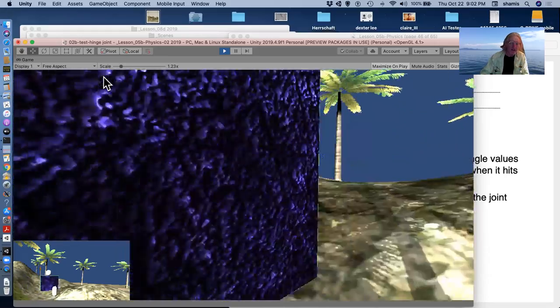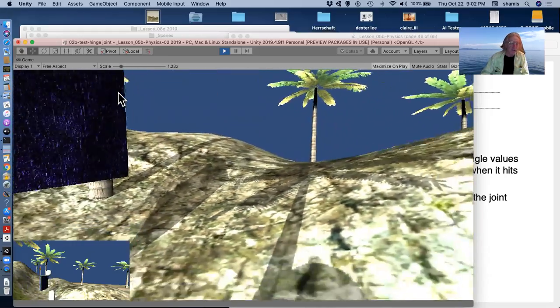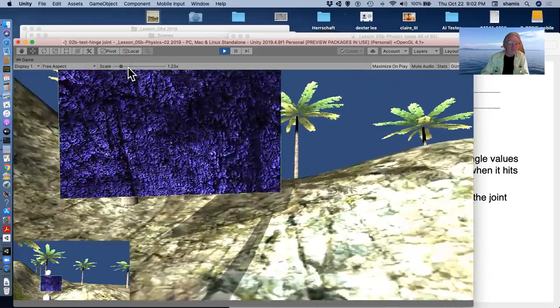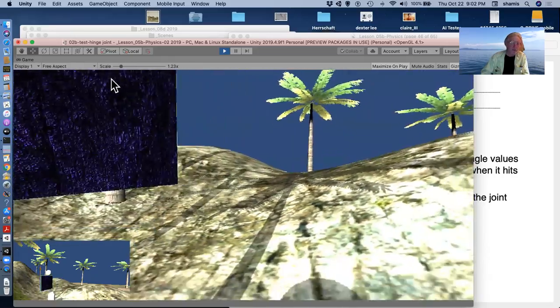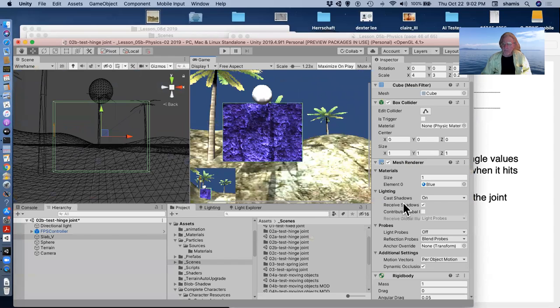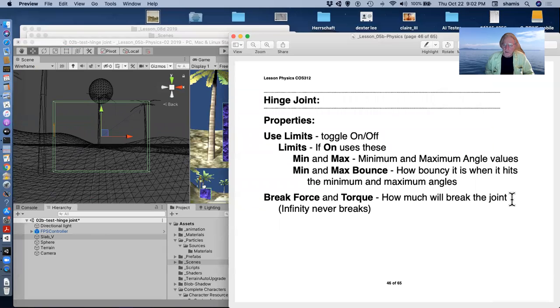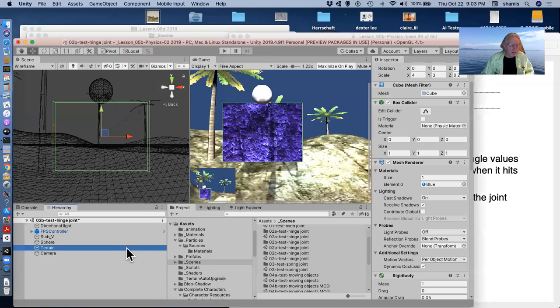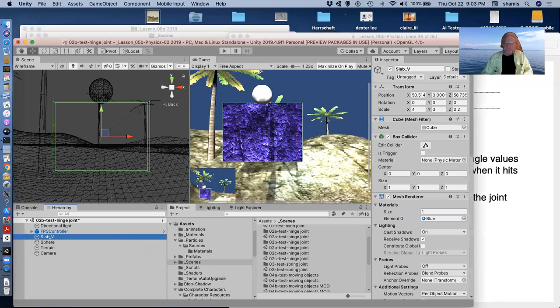I can still push it, and it stops, and it has a certain force, so it takes a while for it to come back. And you can actually set limits on the motor so that it moves to a particular direction at a particular speed.